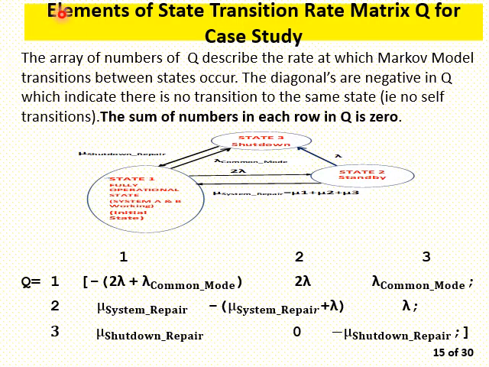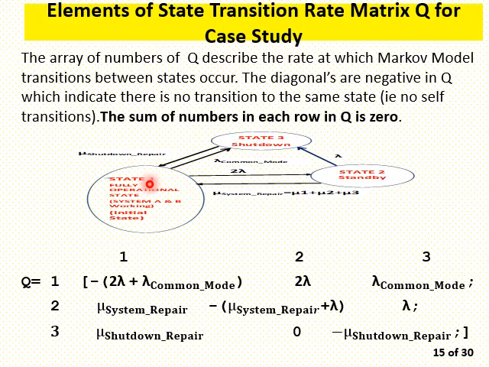Elements of state transition rate matrix Q for the case study. The three-state transition diagram is shown below. The matrix Q is an array of numbers which describe the rate at which the Markov model transitions between states occur.